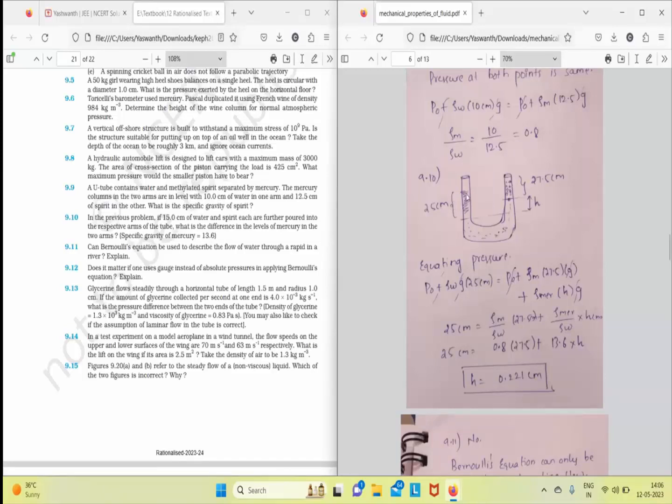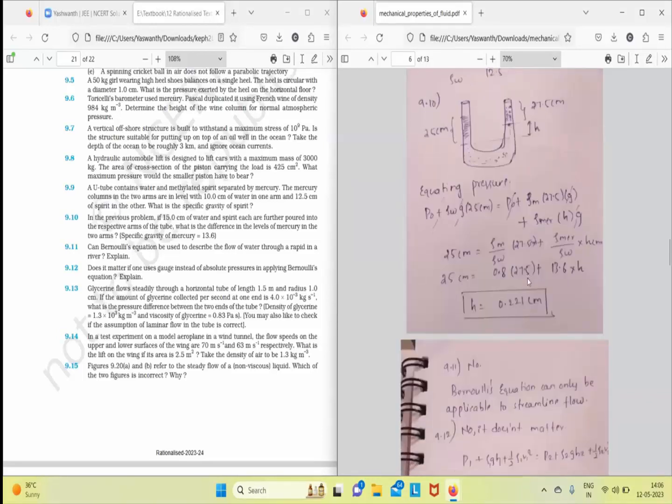On the left side, the entire fluid is water, so it is all of uniform density. But on the right side, some part is methylated spirit and some part is mercury. So we need to apply pressure equations at different points. So the pressure at this point will be atmospheric pressure plus density of methylated spirit into g into 27.5 centimeters. To get the pressure at the next point, you just need to add rho into g into h, where rho is the density of this part, that is mercury.